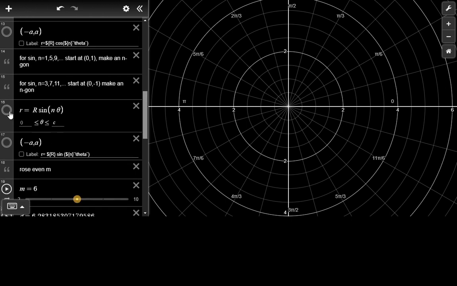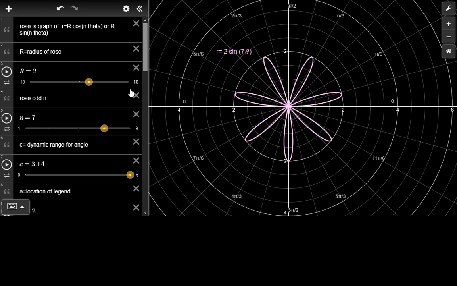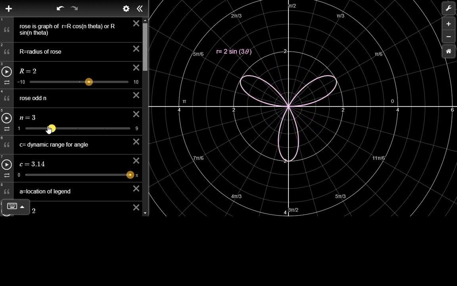So we had sine of, we are still looking at the odd cases. Let's go back to 3. Notice for the case of 3, the best starting point I can tell you is down here. You start from down here and then make your regular shape.